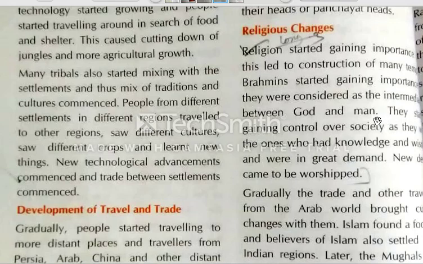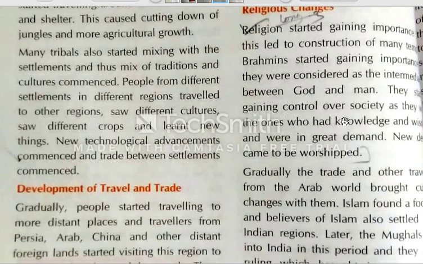They started gaining control over society as they were the ones who had the knowledge and were in great demand. People thought only they have the knowledge, so they got the power and started gaining control over the society.